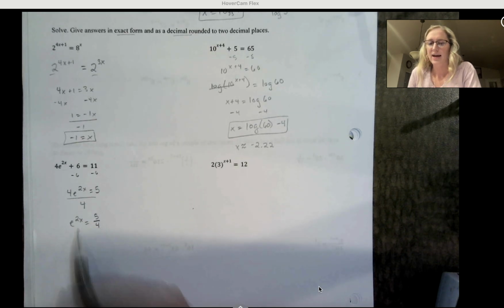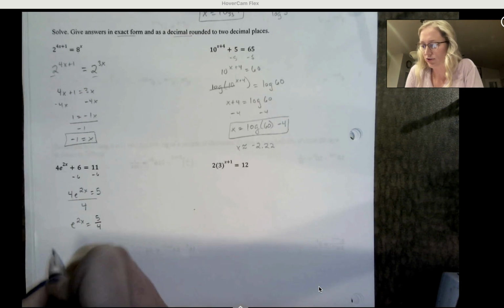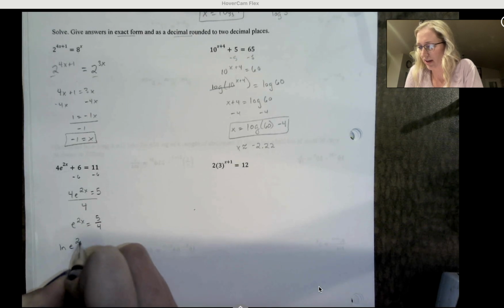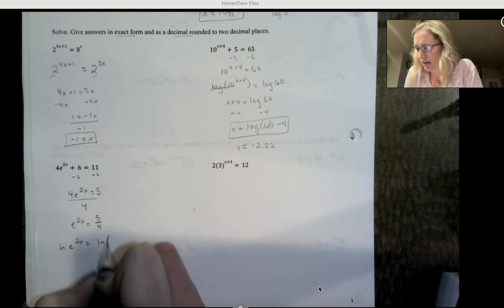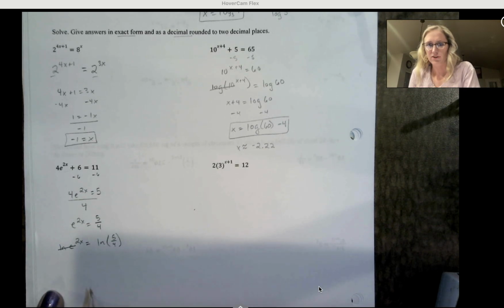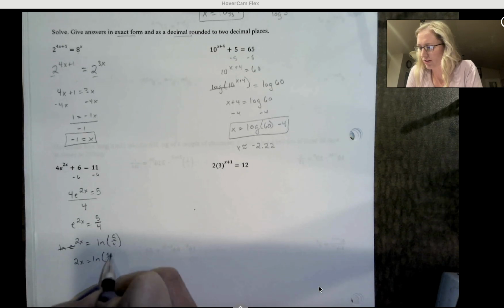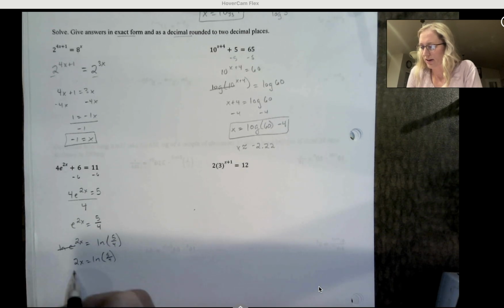Okay, and now the opposite of e is log base e, which is our natural log. So I'm going to take natural log of both sides. Natural log and e are inverses, so we're left with 2x equals natural log of 5/4, and then divide everything by 2.